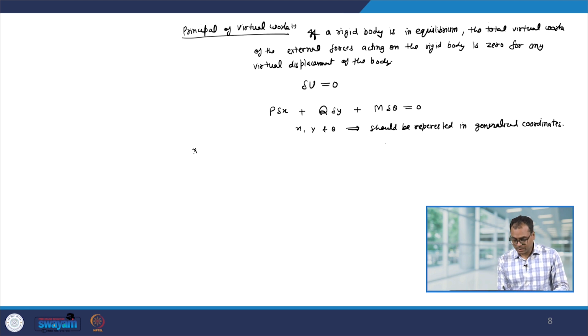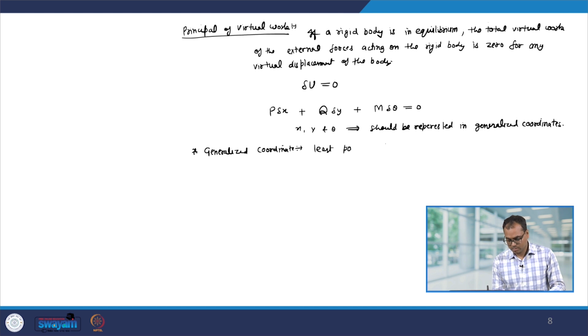Okay. And what is generalized coordinate? Well, the generalized coordinates are the least possible coordinates which completely define the position of the system.